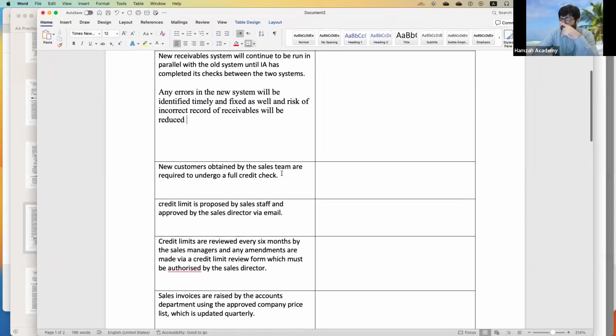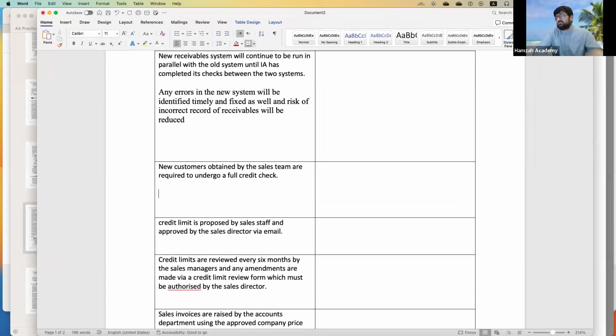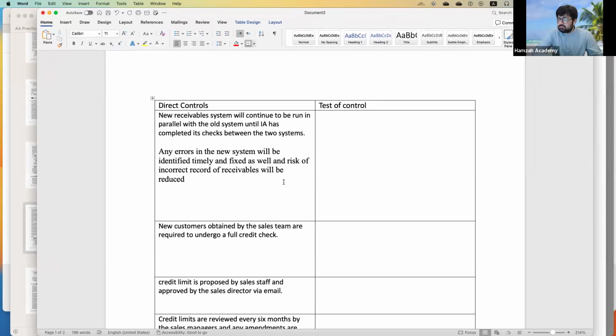Now, new customers obtained by the sales team are required to undergo a full credit check. Okay. Full credit check. What are the benefits?